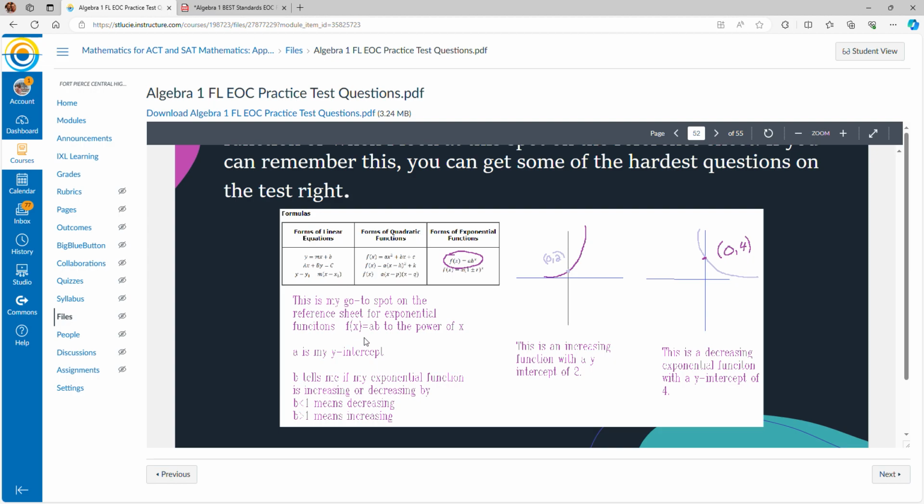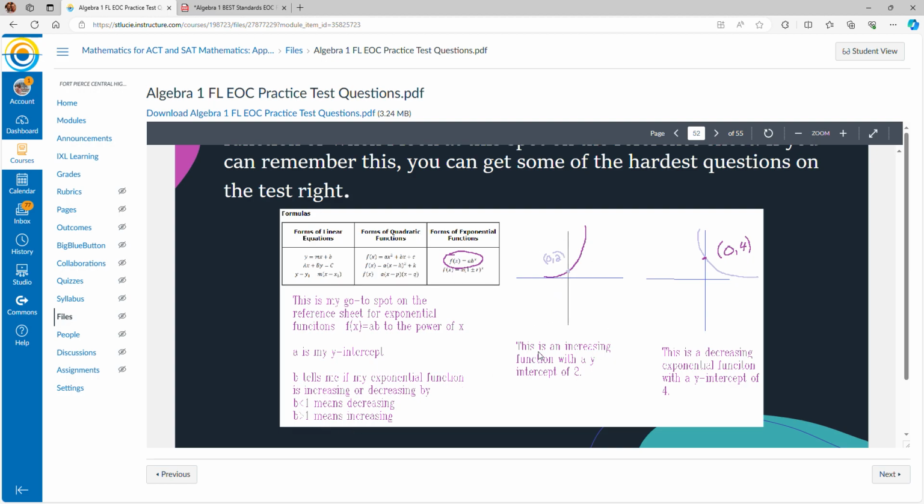F of x equals ab to the power of x, where a is your y-intercept, and b tells me if my exponential function is increasing or decreasing. If b is less than 1, it's decreasing. If b is greater than 1, it's increasing.